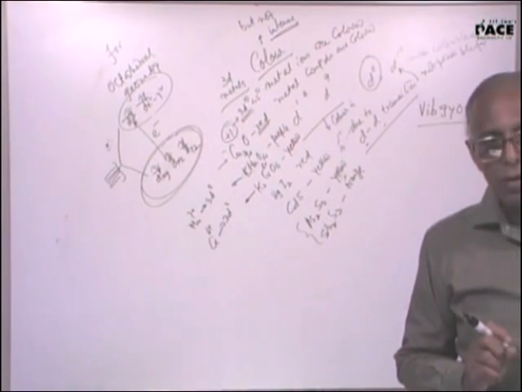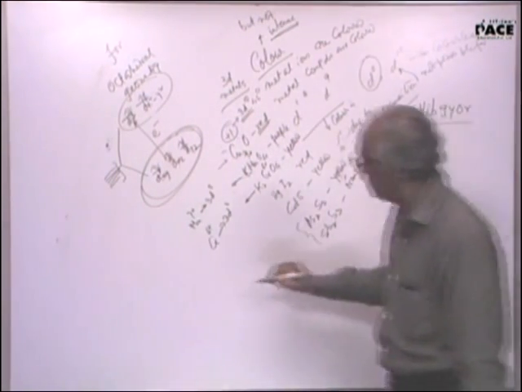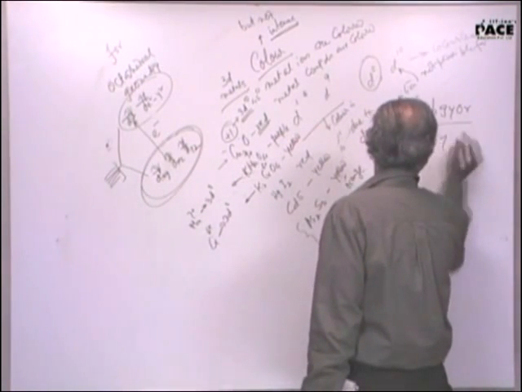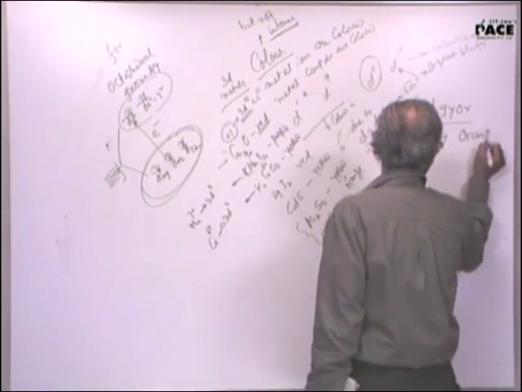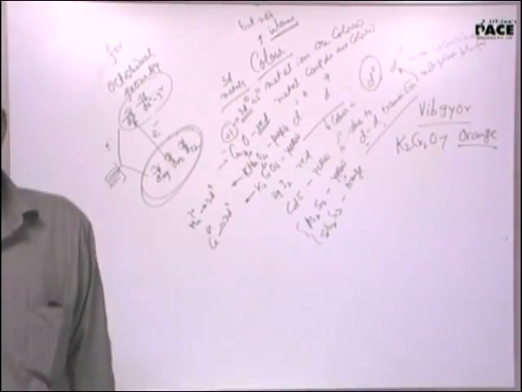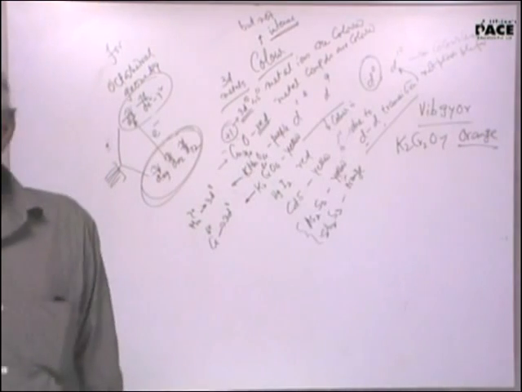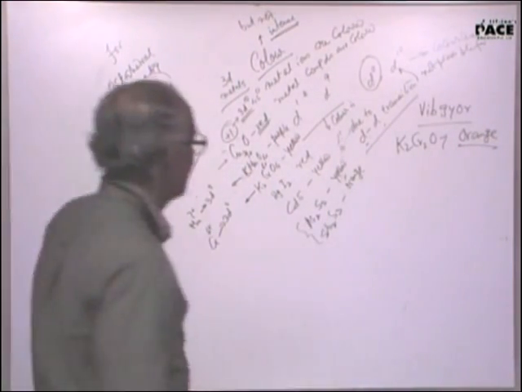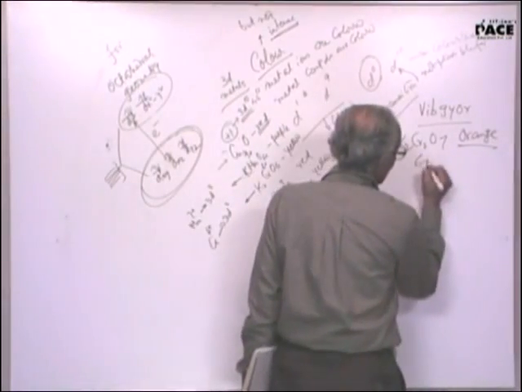Orange. What is the oxidation state of chromium in dichromate? +6.